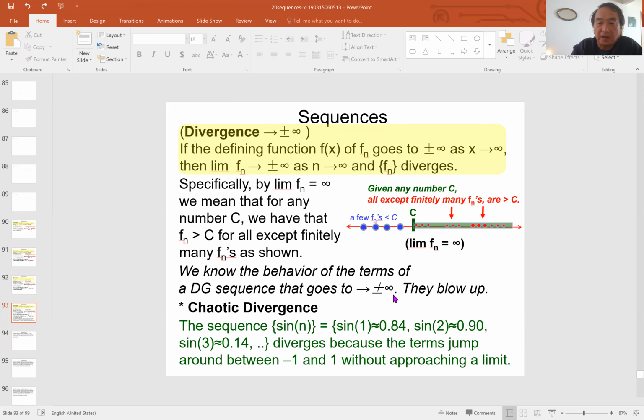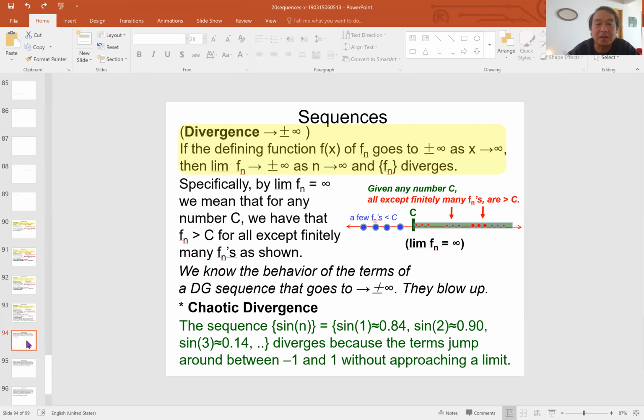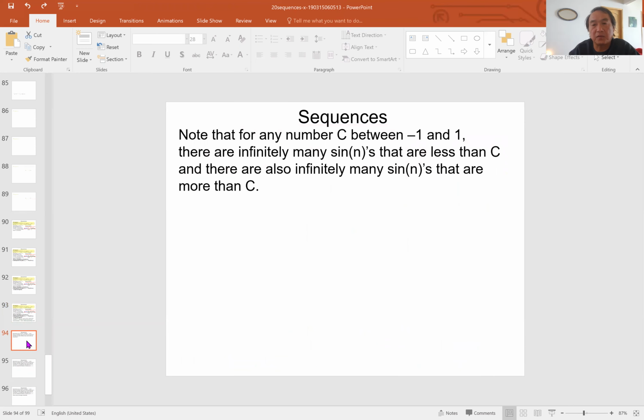Sine of n, if I look at sine 1, sine of 2 in radians, sine of 3, etc., these numbers have no rhyme or reason, and they don't accumulate at any particular point. They just bounce back and forth between 1 and -1. This we call chaotic divergence.